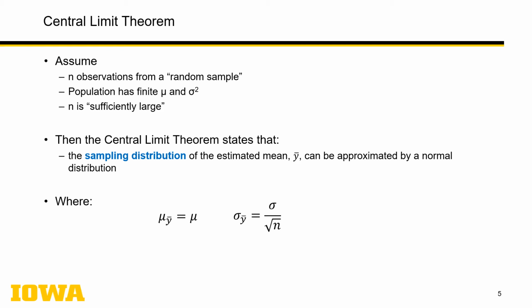So this distribution of the means of your samples will be approximated by a normal distribution almost regardless of what the distribution of the observations is. This is interesting.